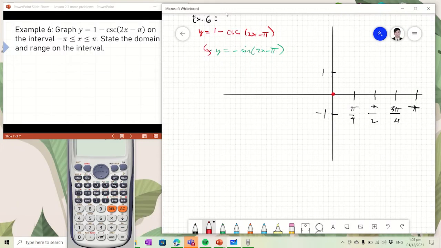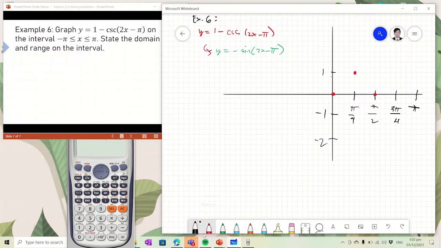Then, pi over 4, 1. Pi over 2, 0. 3 pi over 4 is negative 2. Then, continue the pattern lang.